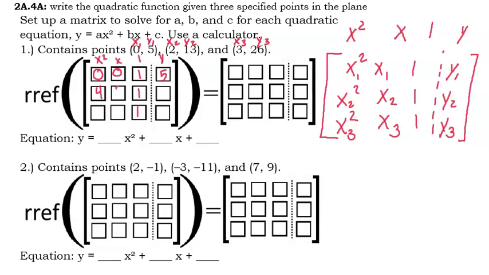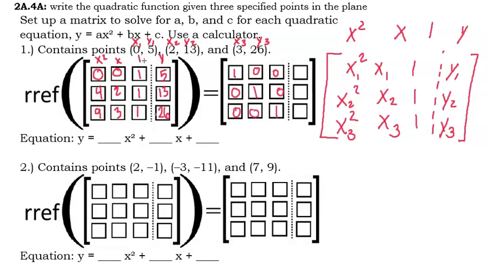And then we have 2, it's always 1 here, and then 13 for our y value. And then our last row, 3 times 3 is 9. 3, 1, 26. Our answer should be a reduced row echelon form with 1, 0, 0, 0, 1, 0, and 0, 0, 1.